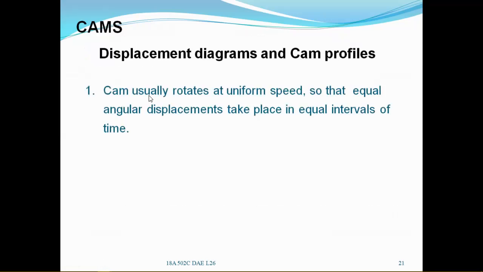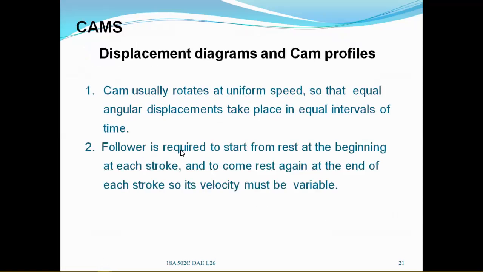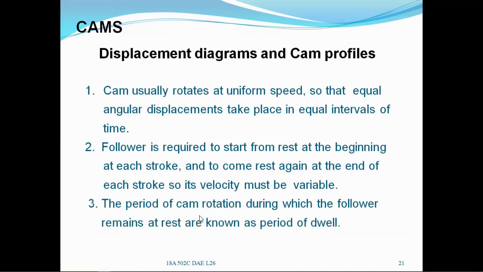To recall the assumptions, the cam usually rotates at uniform speed so that equal angular displacements take place in equal intervals of time. The follower is required to start from rest at the beginning of each stroke and to come to rest again at the end of each stroke. So its velocity must be variable, and the period of dwell is a stationary period.